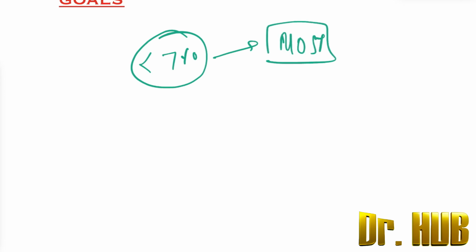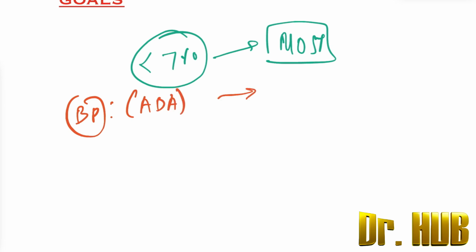Some important things to note: the diabetic associations recommend an HbA1c of less than 7%, which is seen in most patients. Talking about blood pressure, as per the ADA, they recommend a target blood pressure of less than 140/80 in diabetic adults.